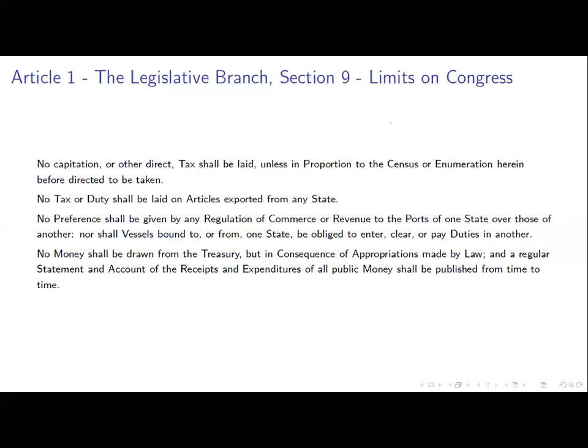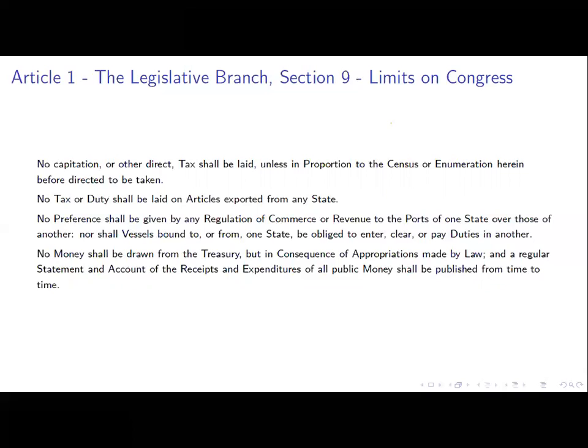So no capitation or other direct taxes shall be laid unless in proportion to the census or enumeration herein before directed to be taken. No tax or duty shall be laid on articles exported from any state. You can't tax things exported from a state.